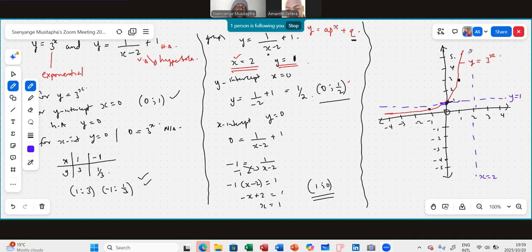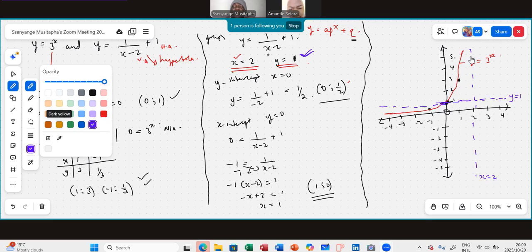It's passing through 1 here. This is the horizontal asymptote because we have it here. It passes through 1. Please, the vertical ones are the x's, the horizontals are the y's. It's a reverse.